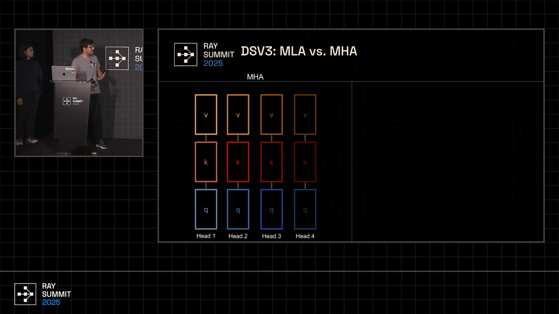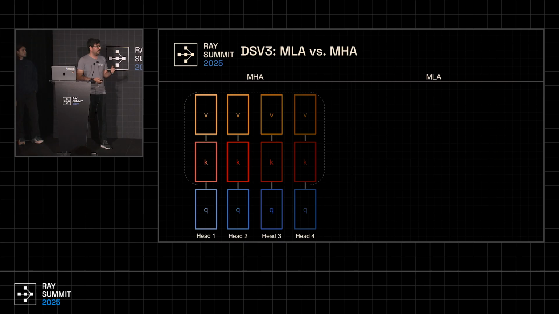You've got these matrices, and they're organized in different heads with independent values from each other. During inference and decoding, you want to store these KV units so that you don't have to recompute them. This dashed line essentially shows the amount of bits you have to store in KV cache.